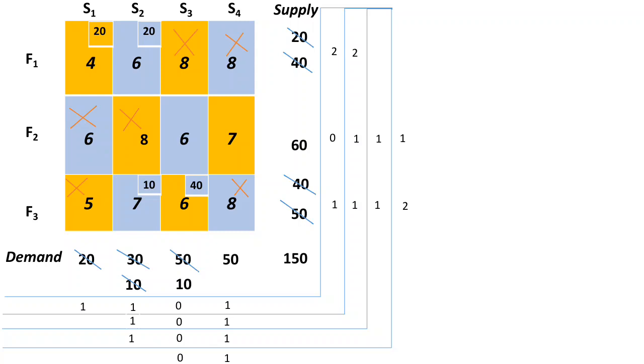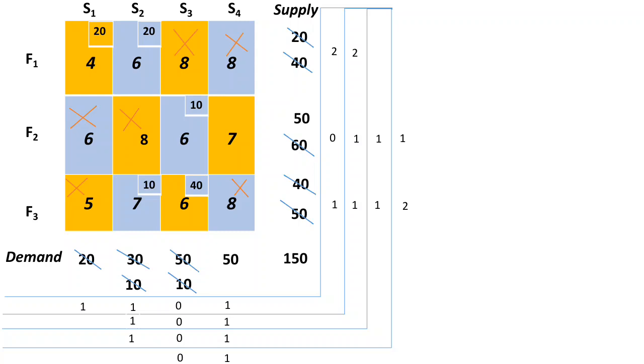Now here we have only 2 cost blocks left, cost block 6 and cost block 7 for factory 2. Here now we supply first of all for the least cost block, that is 6 here. So for the store 3 we can supply only 10, so we allocate 10 here, and now the remaining at factory 2 is 50, and also store 4 needs 50 goods.